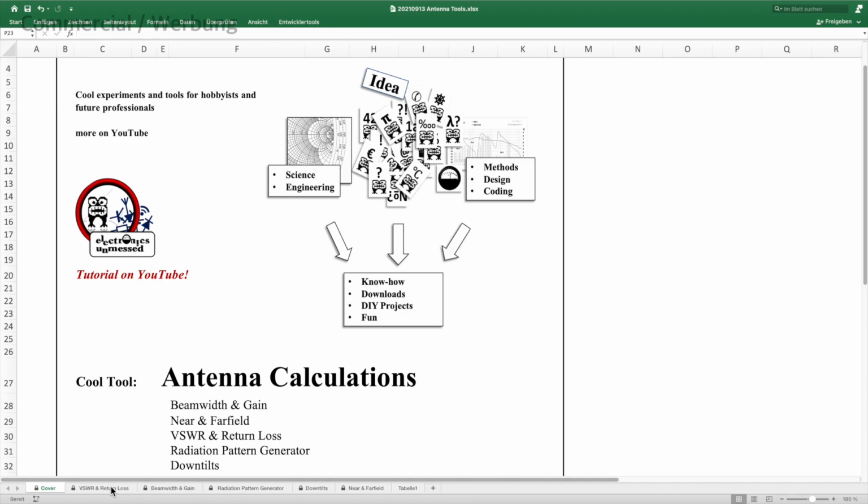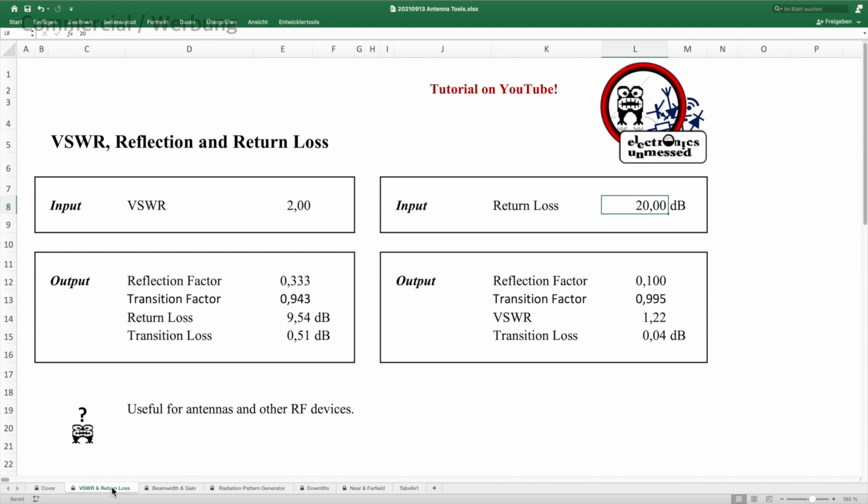We start with the standards that are in the DNA of every radio engineer. You can find a lot of reference tables for this, but here is an easy to use tool for it. Let's have some examples. Radio amateurs are usually happy if their antenna VSWR is 1.1 or better.